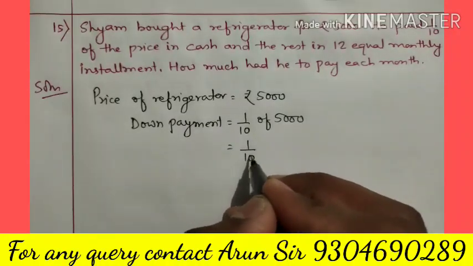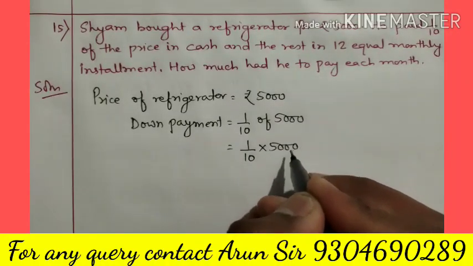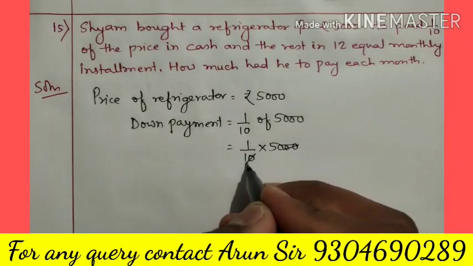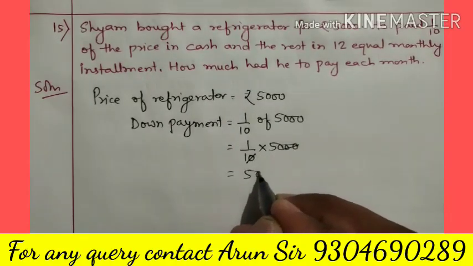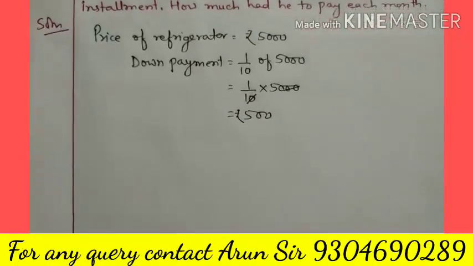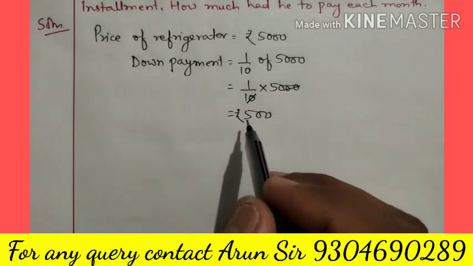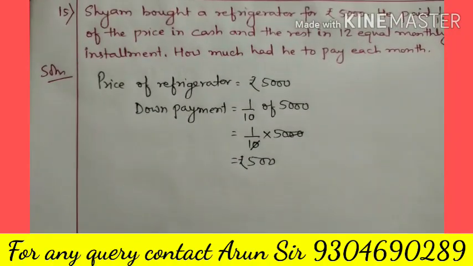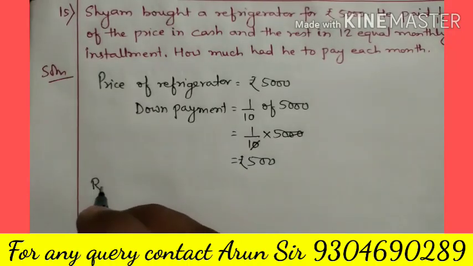The value will be 1 by 10 into 5000. 10 it here. 500 is left. It means that at the time of purchasing the refrigerator, Shyam has paid 500 and rest he is going to pay in installment.